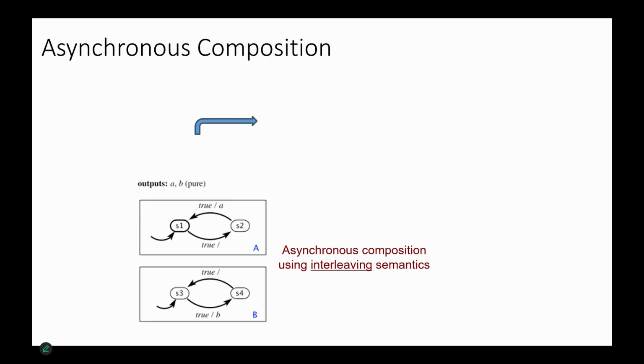Okay. It's deterministic. The choice of A and B is non-deterministic, but the state machine is deterministic.